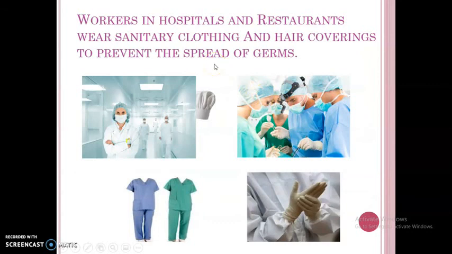Likewise, the workers in hospitals and restaurants wear sanitized clothing or medical clothing, and also wear some kind of special hair covering to prevent the spread of germs. Again, this is one kind of occupational clothing which is required as per the specific occupation of the doctors or the people involved in the food industry, to maintain hygiene amongst themselves.